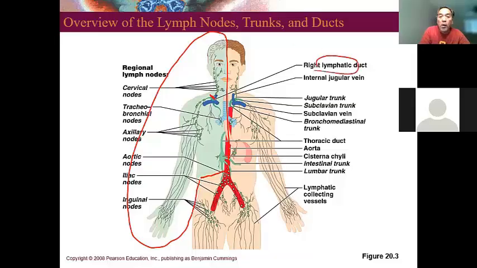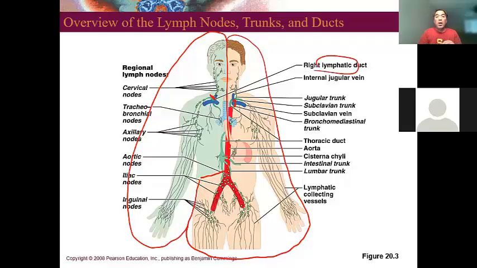But 3/4 of the body, colored tan, is drained by the thoracic duct. And that's the reason why the thoracic duct is the one that drains almost the whole body.